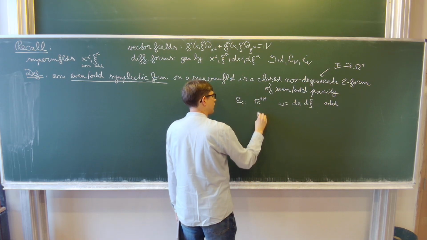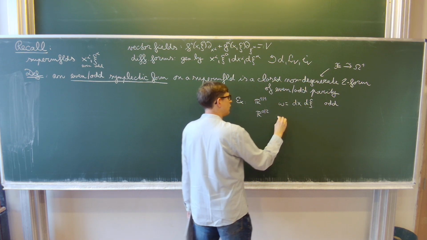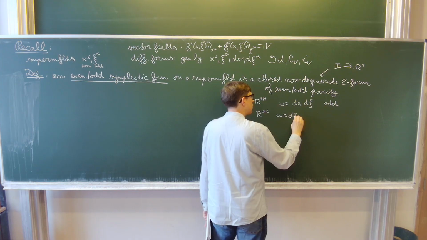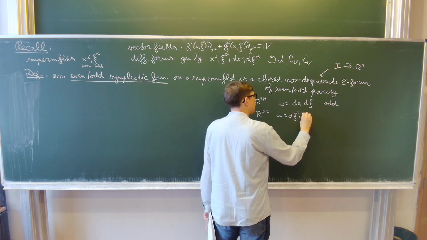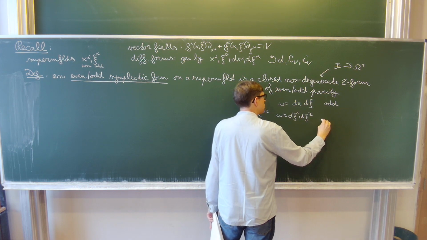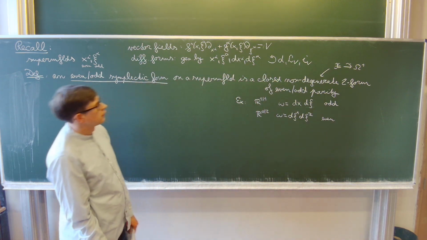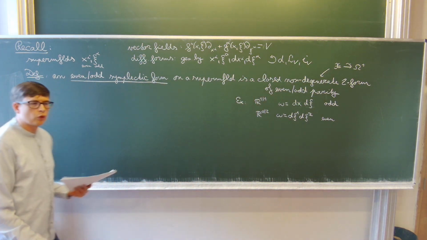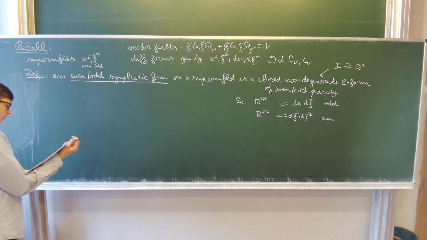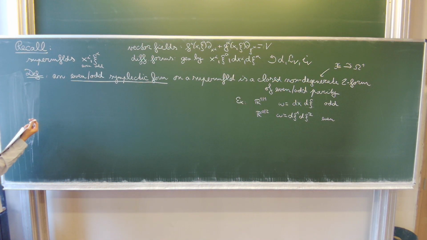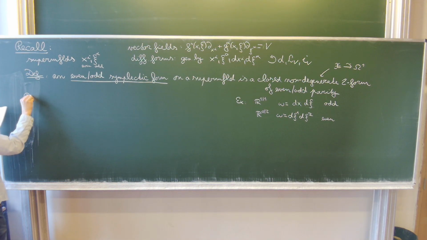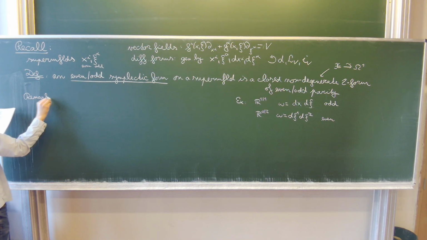And then you can have something like R^{0|2}, and you can say that you have this, and this will be even. For instance.